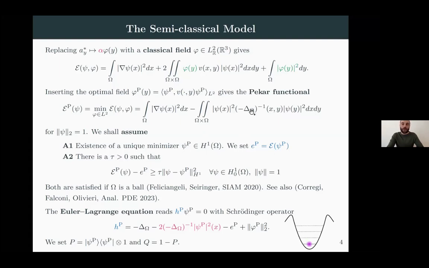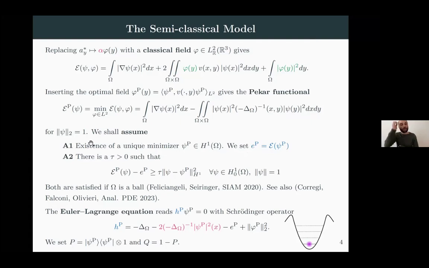Throughout the first part of the talk, I will always assume that this Pekar functional has a unique normalized minimizer, and we call the minimal energy the Pekar energy, denoted by E_P. We shall further assume that whenever we are away from the minimizer, then we have a quadratic lower bound of the energy in terms of the distance to the minimizer.